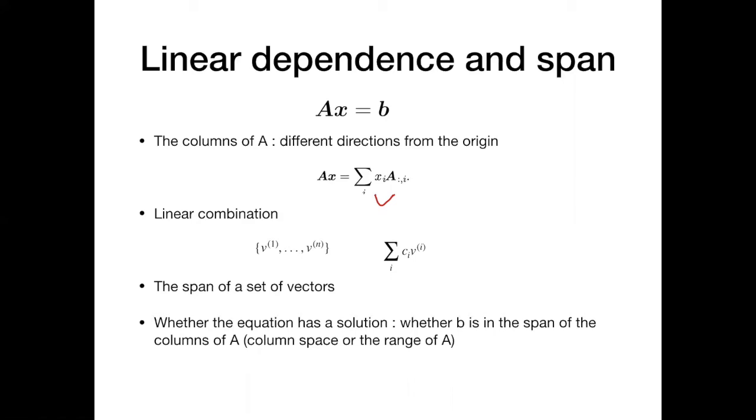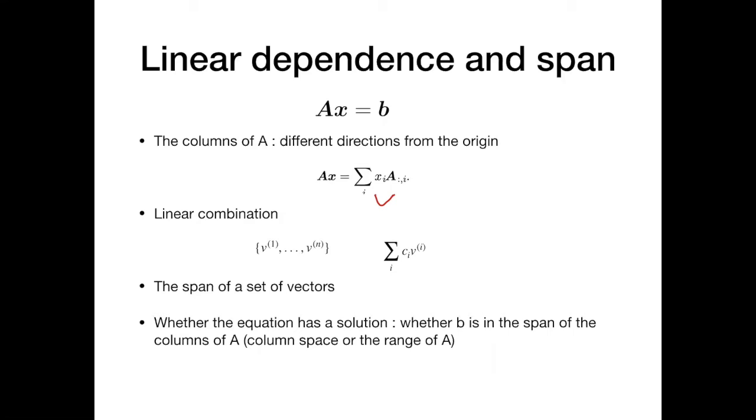This notation is a linear combination. So in general, a linear combination is defined like this: given a set of vectors from V1 to Vn, a linear combination is defined by multiplying each vector by a corresponding scalar coefficient, and then summing up the results.